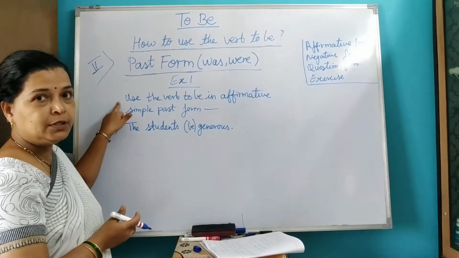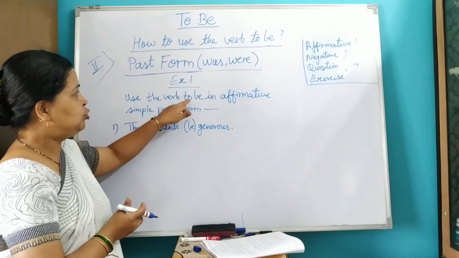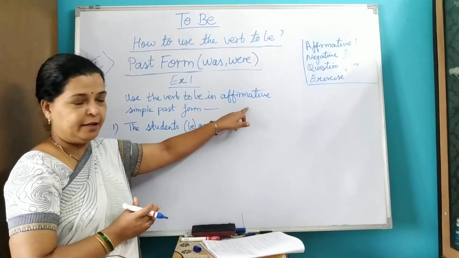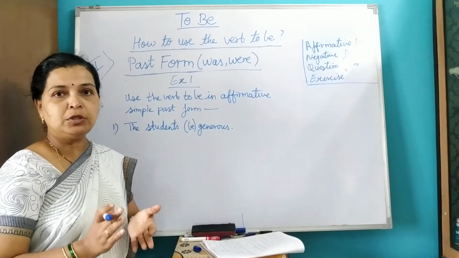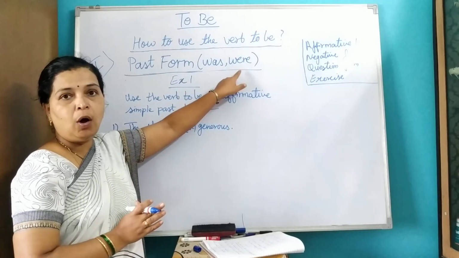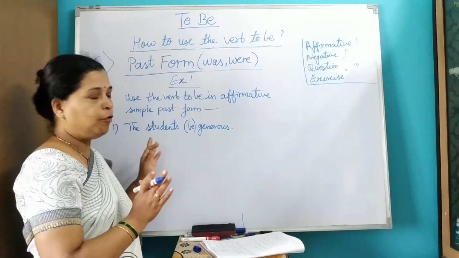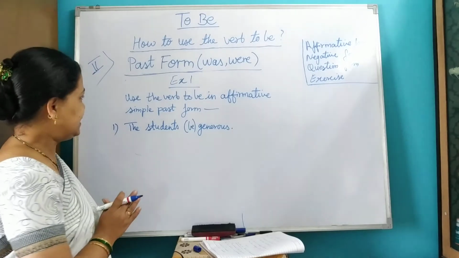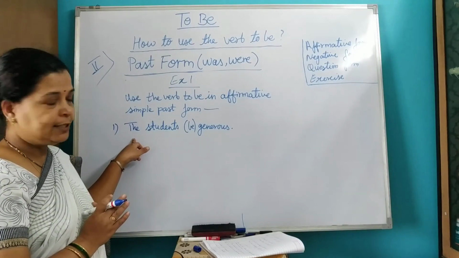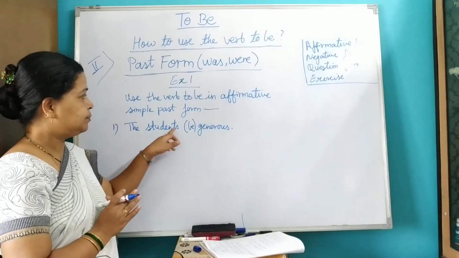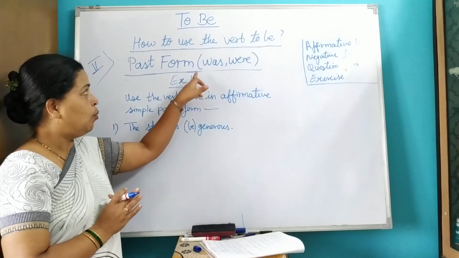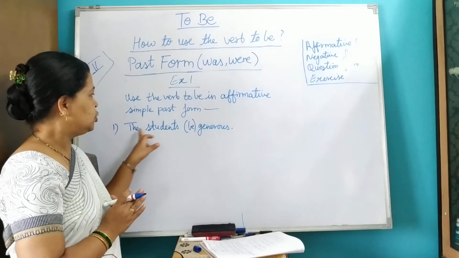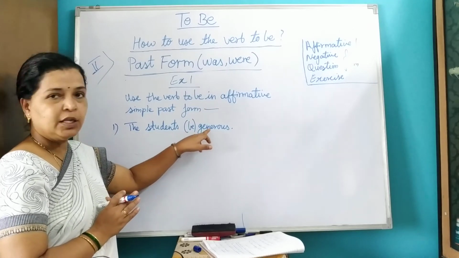What you have to do is use the verb to be in affirmative simple past form. Means you have to use either was or were, the correct form in the sentence. First sentence, the students be generous.